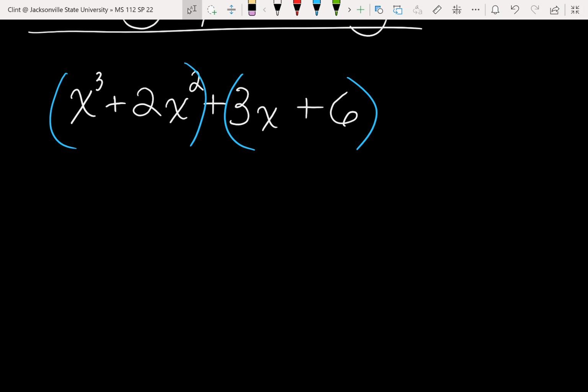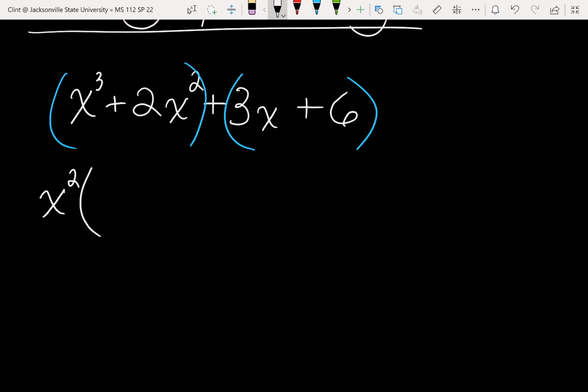If we just look at the first two terms, do you see anything in common? Yeah, we've got an x squared in common in that first group, x cubed and 2x squared, so we can factor out an x squared.